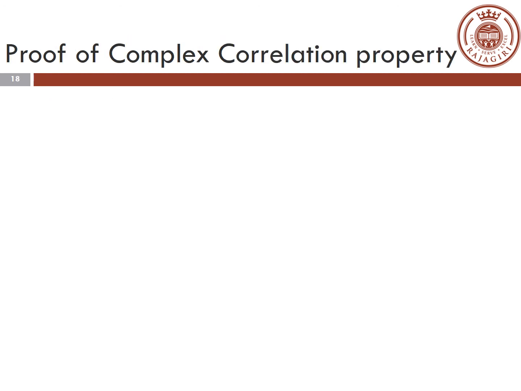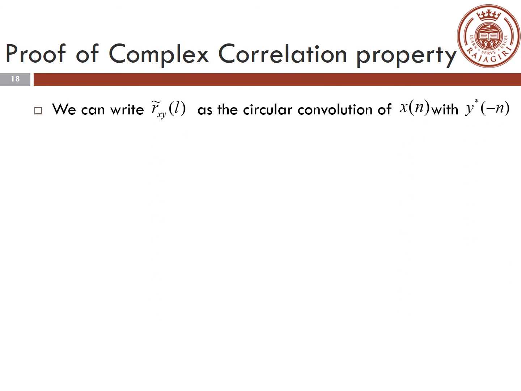Now let's move into the proof of the complex correlation property. Here Rxy of L is actually the circular convolution of x of n and y conjugate of minus n. You will understand it when we look at the equation.